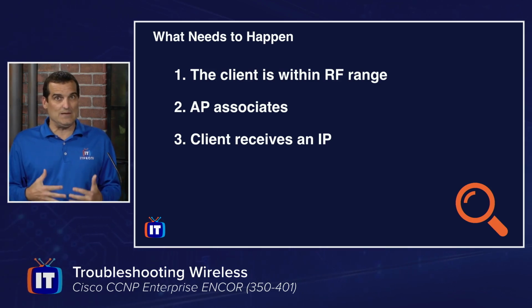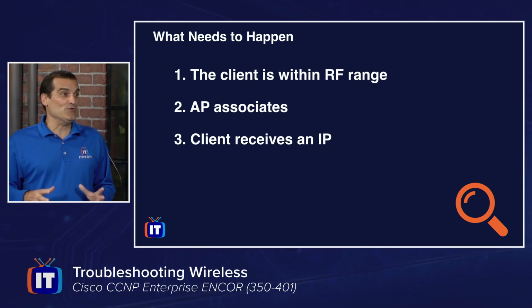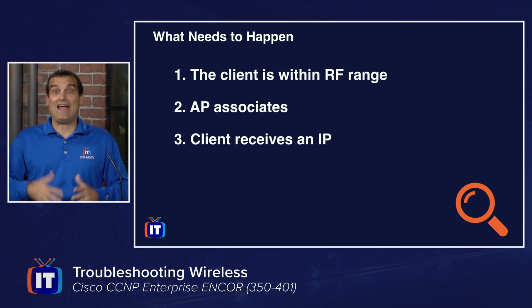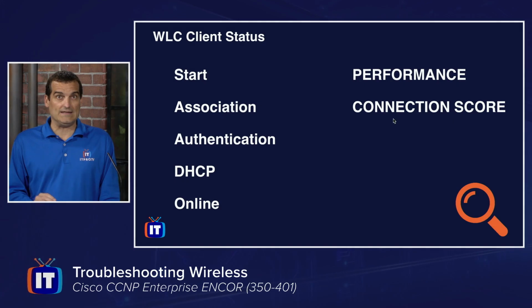So that's another key point. And then once those first two pieces of magic happen properly, then the client gets its IP address and starts happily communicating on the wireless network. So I wanted to start with this kind of common sense but important breakdown of what needs to go right.